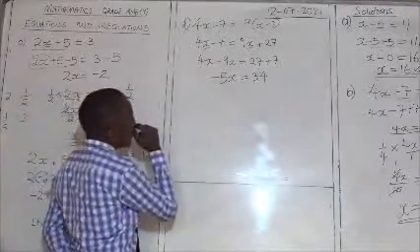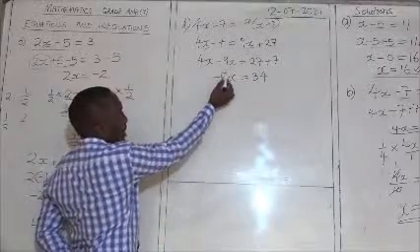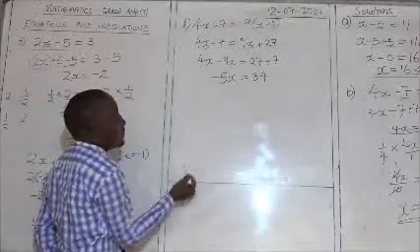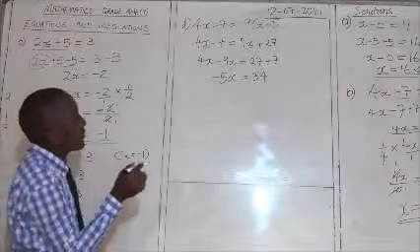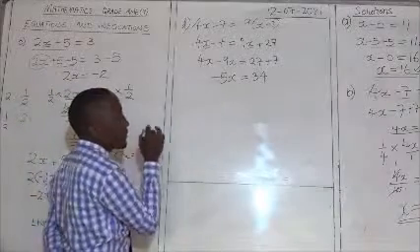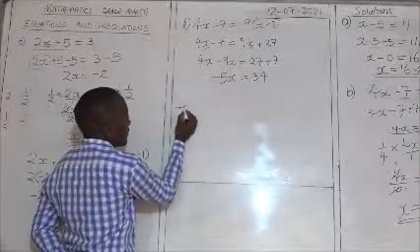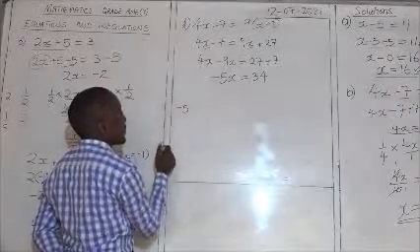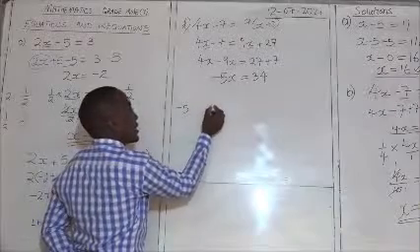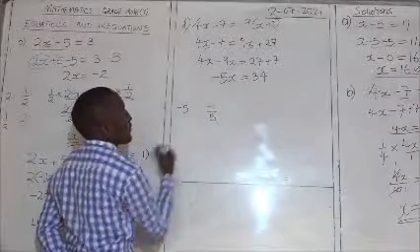So calculating the value of x here, since we have the coefficient which is negative 5, we will use the multiplicative inverse of negative 5. So for negative 5, the multiplicative inverse of this is negative 1 over 5.